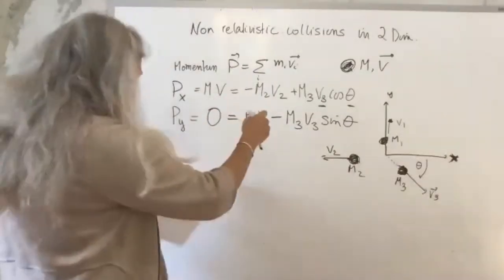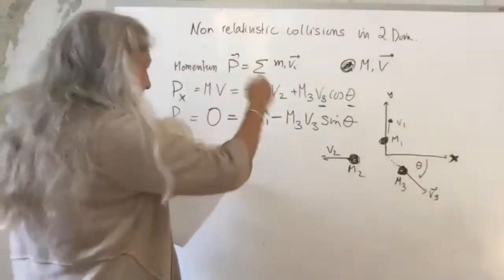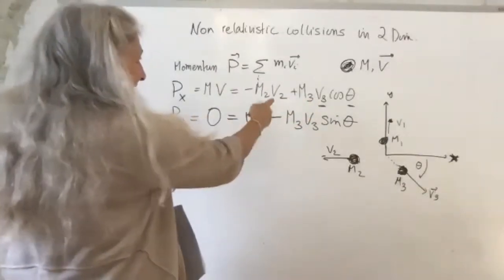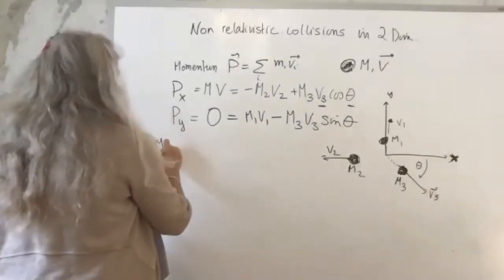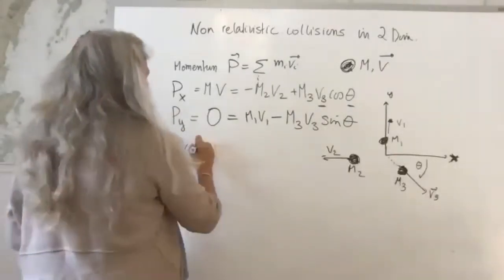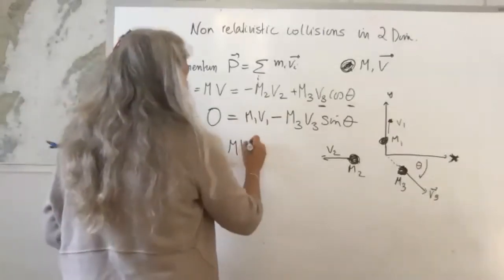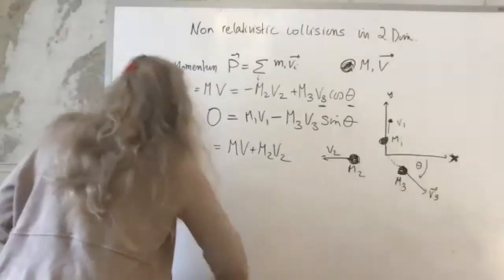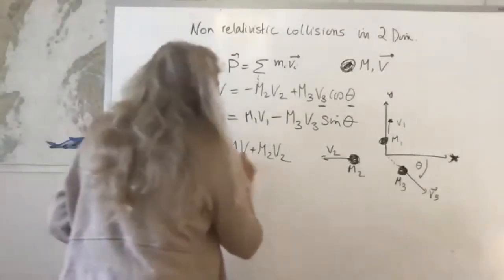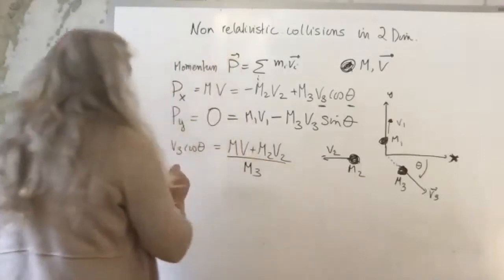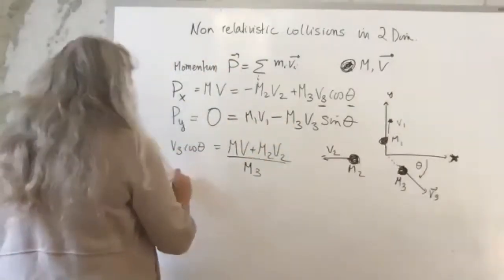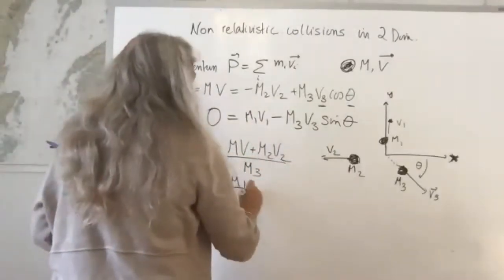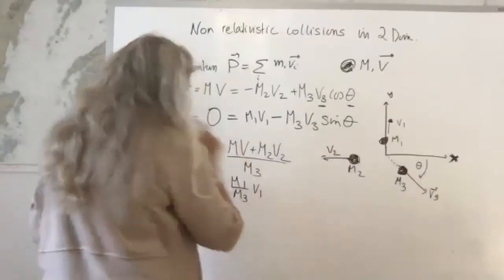The easiest thing to do is move everything that doesn't involve v3 onto the other side of the equation. So I'll do that. We've got m3 v3 cosine theta equal to m v plus m2 v2. Now I'll divide by m3. And this one will be v3 sine theta equal to m1 over m3 times v1.